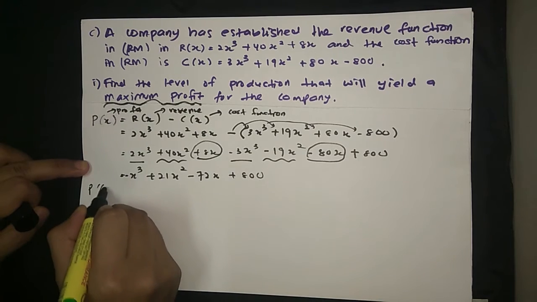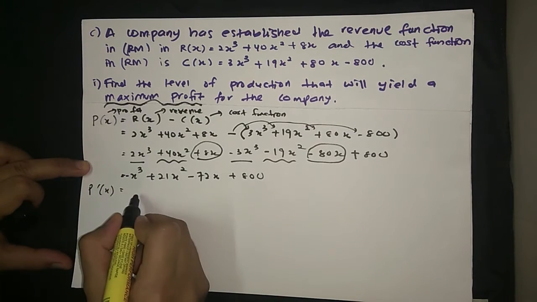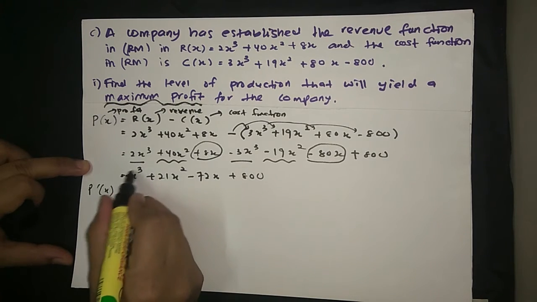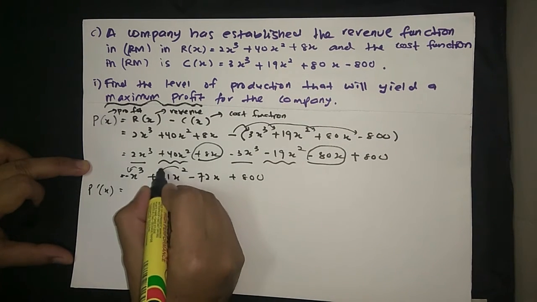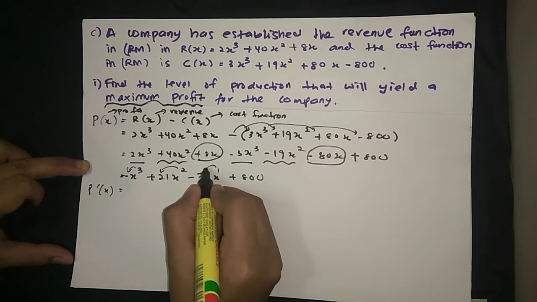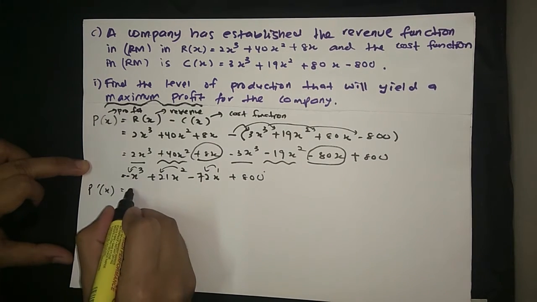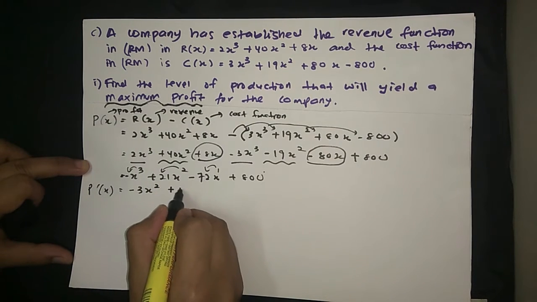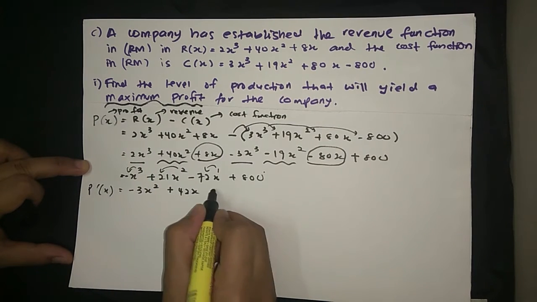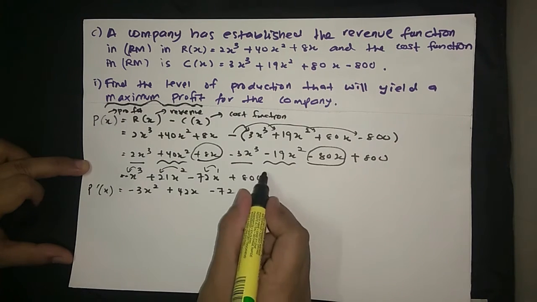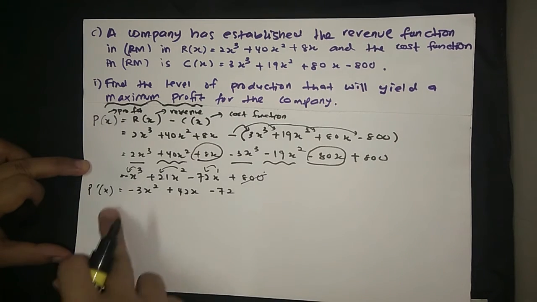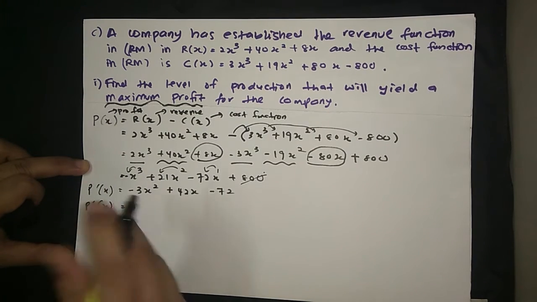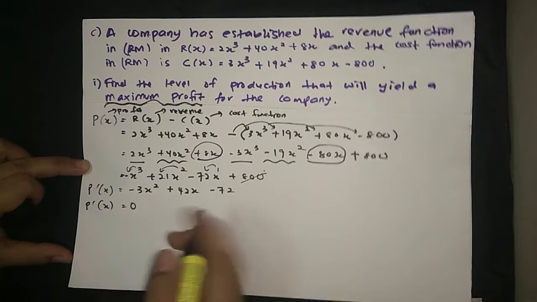Now we have to find the first derivative of the profit function. We use the same way as I showed you before: the power times the base, and the power we differentiate by 1. So it becomes negative 3x squared plus 42x minus 72, and the 800 is dropped. We set it equal to 0 because we want to find the critical value.